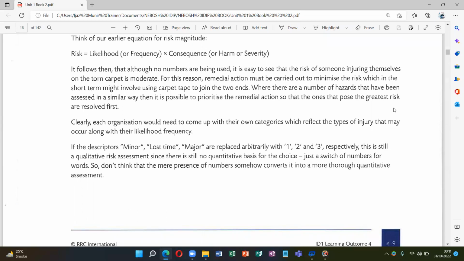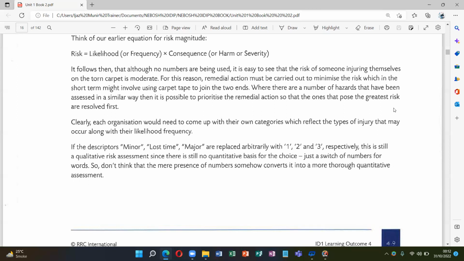It follows then that although no numbers are being used, it is easy to see that the risk of someone injuring themselves on the torn carpet is moderate. For this reason, remedial action must be carried out to minimize the risk, which in the short term might involve using carpet tape to join the two ends.